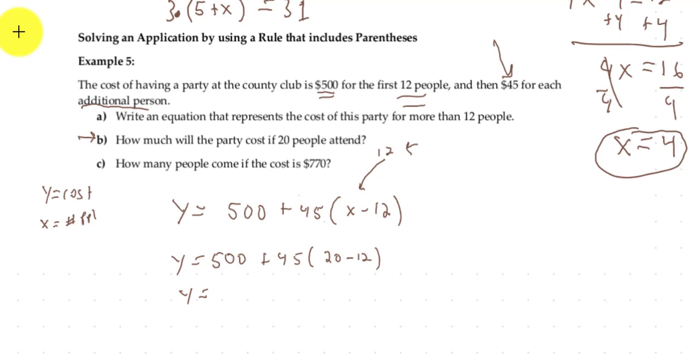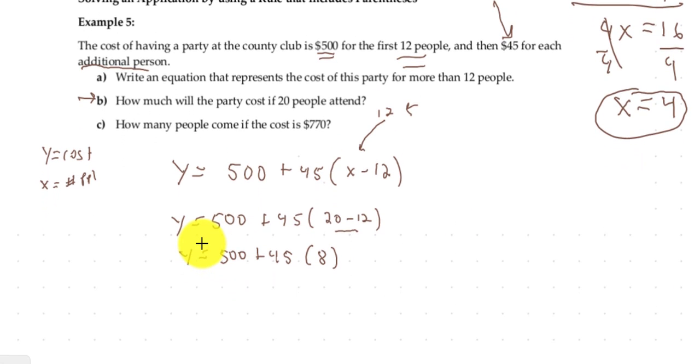So I'm left with 500 plus 45 times 8, because 20 minus 12 is 8. So that's 8 people over the 12 who pay the 45. So my final answer, looks like 45 times 8 is 360. So y would equal 860. Okay.